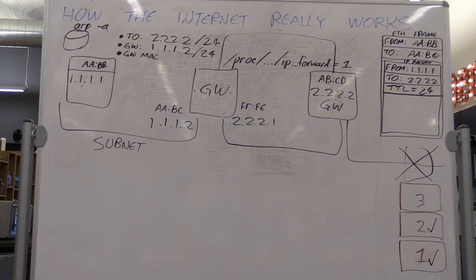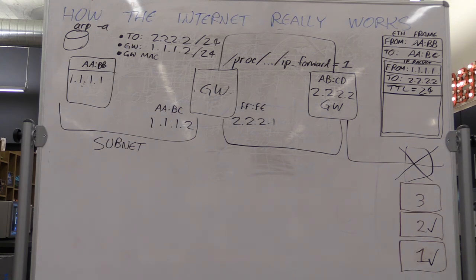In other words, if the final hop, which is the destination, happens to be 24 hops from the start, it's okay, we get there. If it was 25 hops, then the preceding gateway would throw it out.